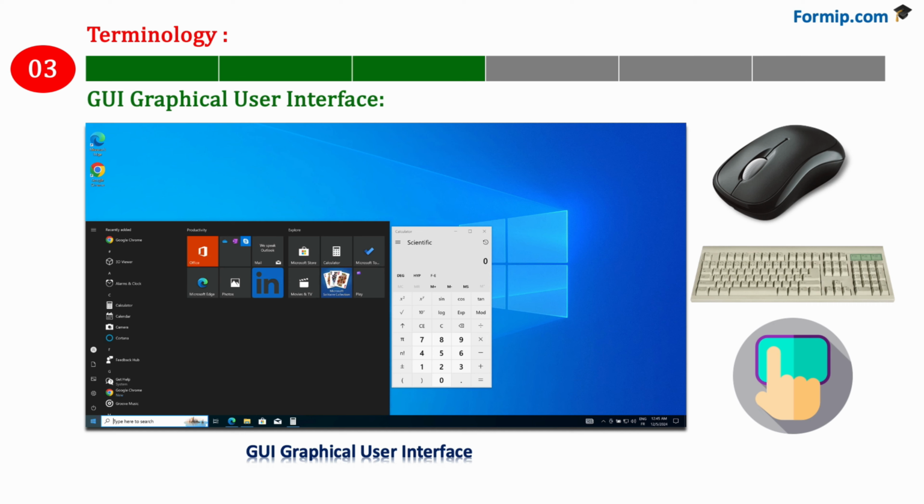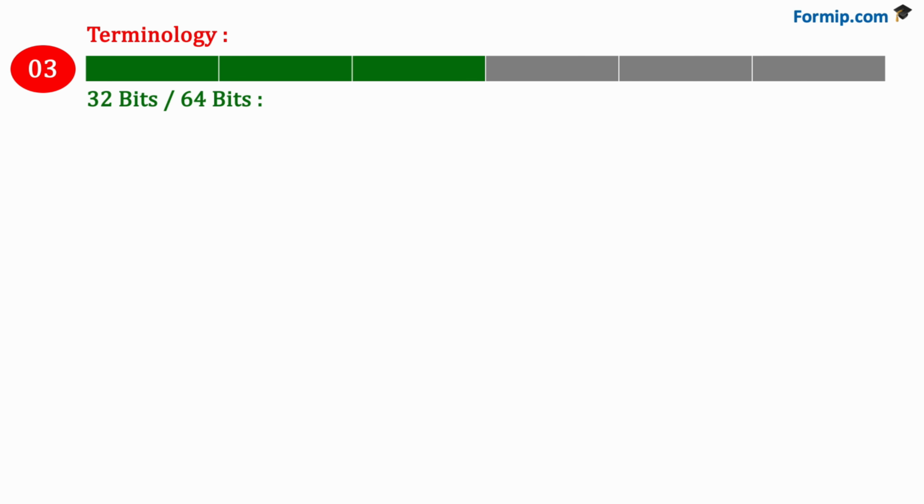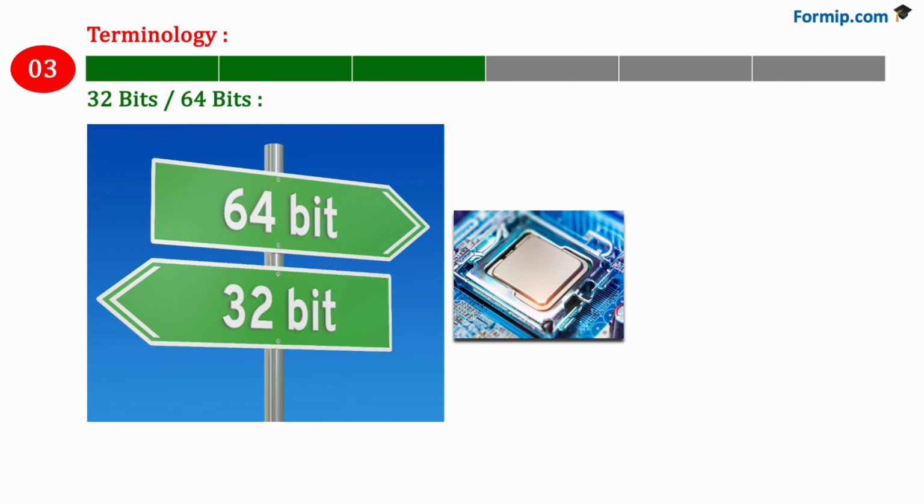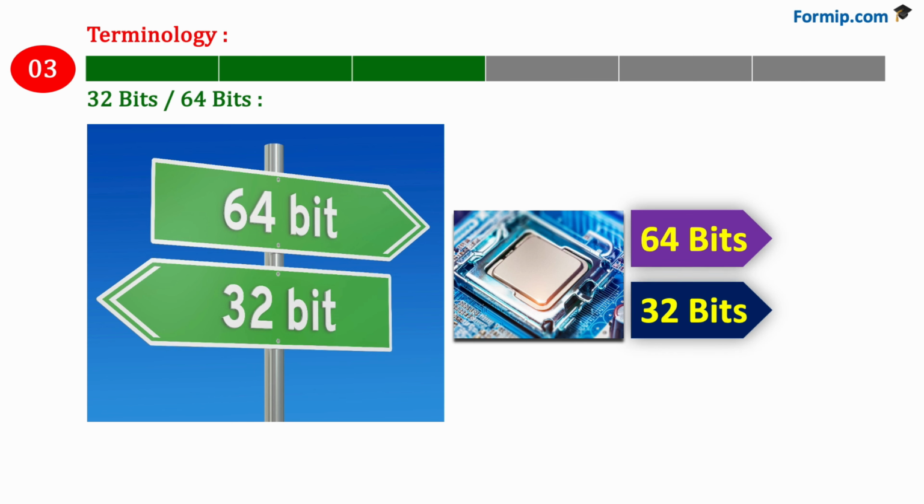We will now talk about the notion of 32 bits or 64 bits. These terms are used in the processor architecture. The number 32 or 64 is the number of bits that memory can support. For example, a 32-bit architecture corresponds to 2 exponent 32.